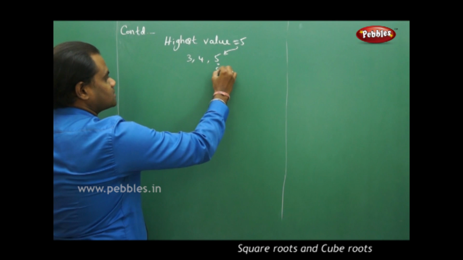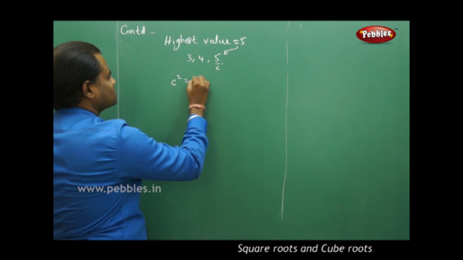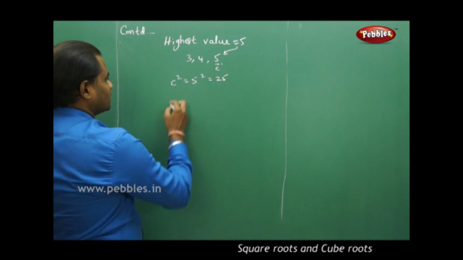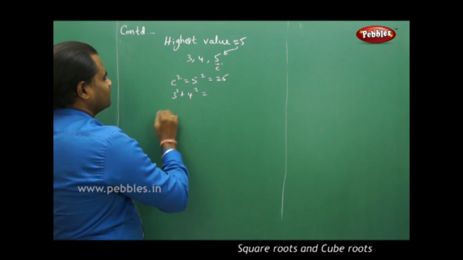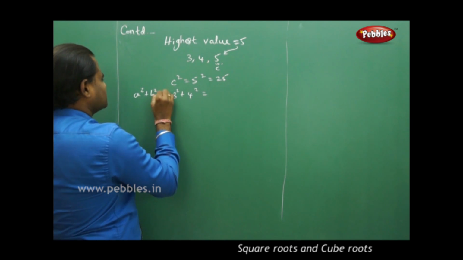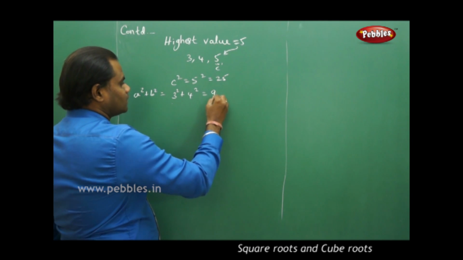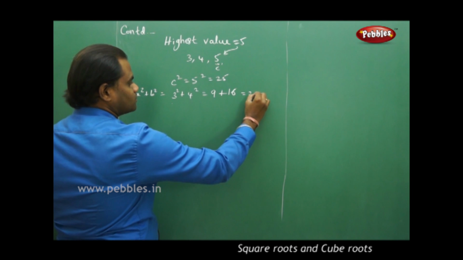This is identified as C. Therefore, my C square, which is 5 square, is 25. Then I square the other two sides, which is 3 square plus 4 square, which gives me a square plus b square, which on further simplification gives me 9 plus 16, which on adding gives me 25.